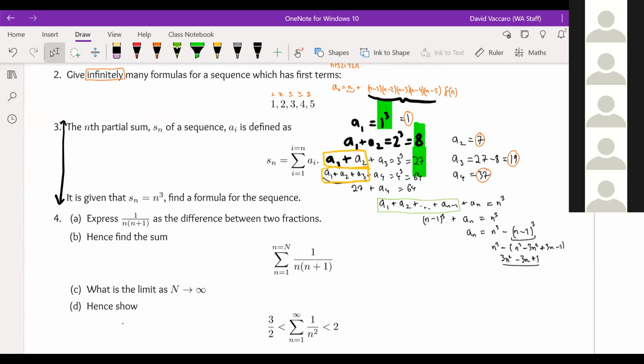The first two questions have had a moral. The moral here is that we can reconstruct a sequence from the sum by taking differences.